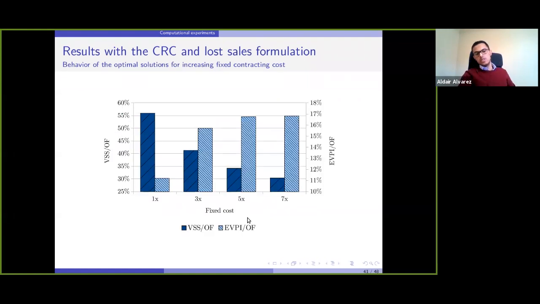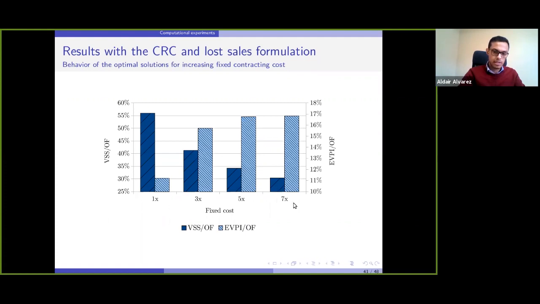But it's important to see that as you increase this fixed cost, the value of the stochastic solution tends to go down. This indicates that the model is being less reactive to the uncertainties of the problem, then losing value in terms of the stochastic solution.